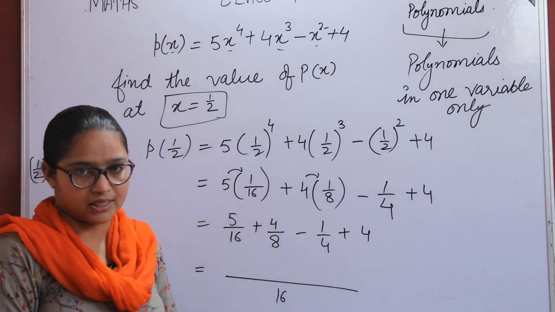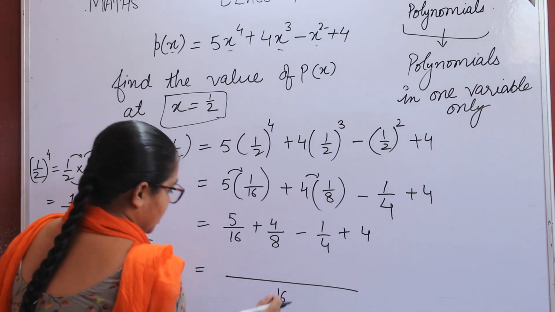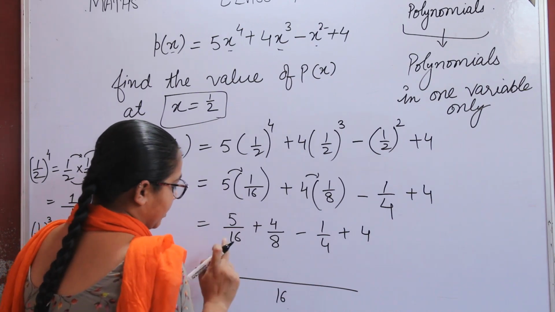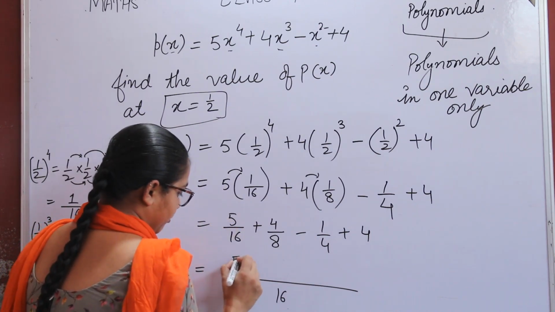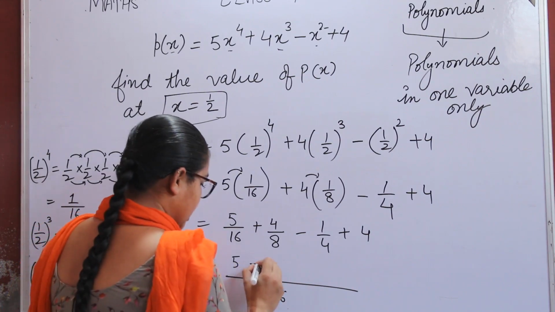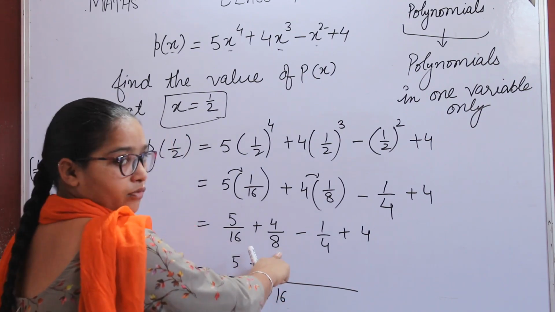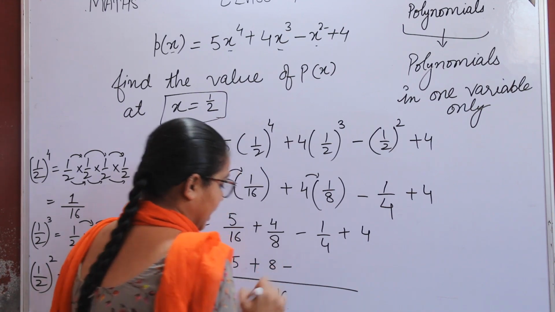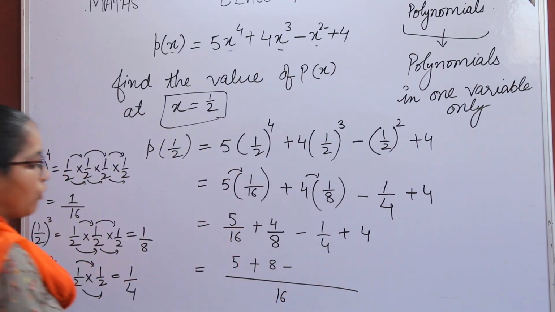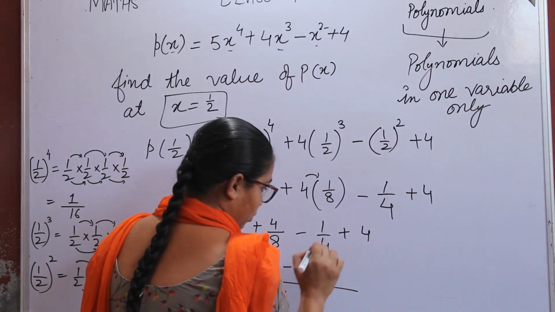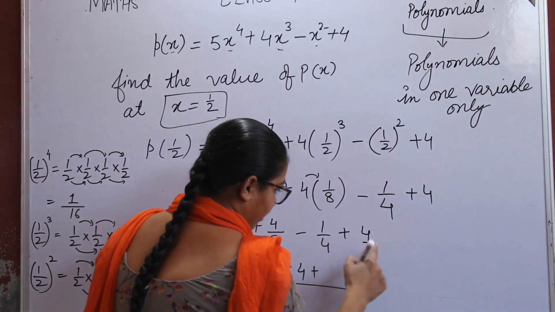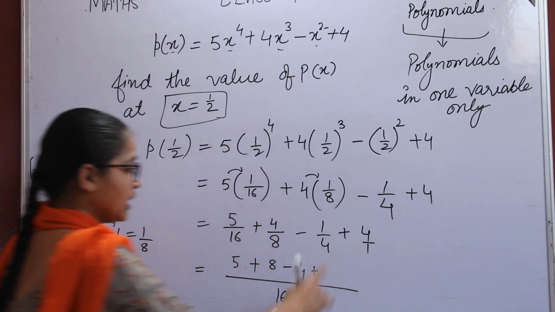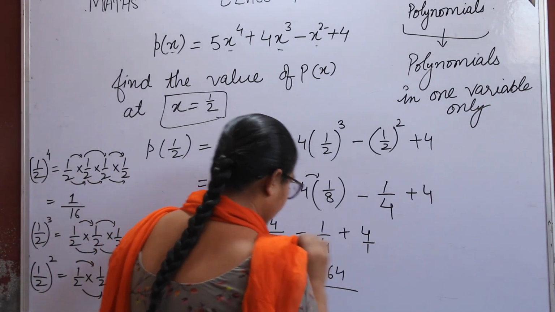LCM would be 16. Okay, so divide 16 by 16, 1, then multiply by 5, 5, plus divide 16 by 8, we get 2, multiply 2 with 4, 8, minus divide 16 by 4, what we get? 4, 4 ones are 4, plus 4 over 1, divide 16 by 1, so 16, 16 fours are 64.